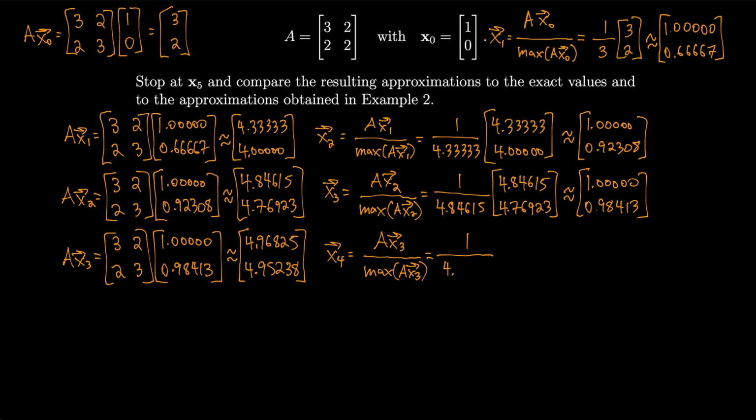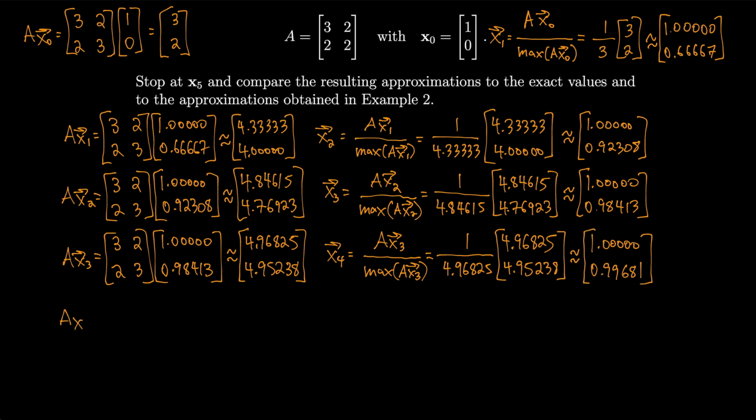I forgot the 9. 4.96825 times 4.96825, 4.95238, giving us approximately 1.00000, 0.99681.